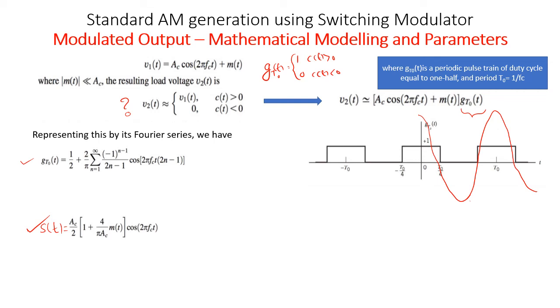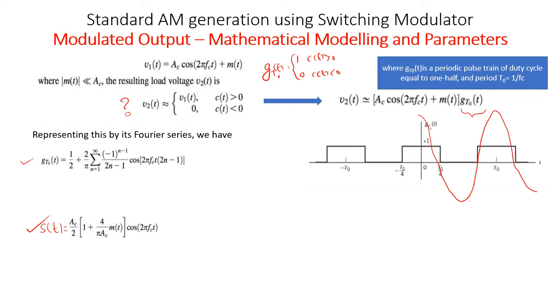What we can agree on is that this is 1/2 plus 2 by pi, summation n from 1 to infinity, (-1)^(n-1) by (2n-1), cos(2 pi f_c t (2n-1)). I agree it looks complicated, but it's simple.